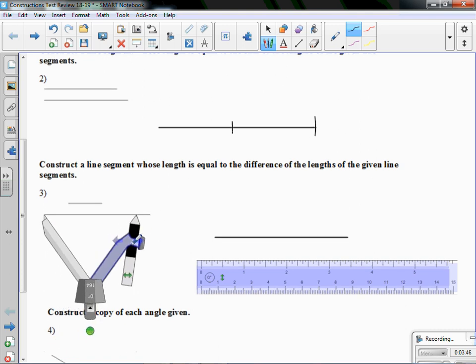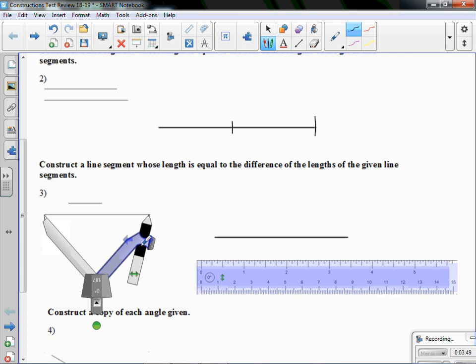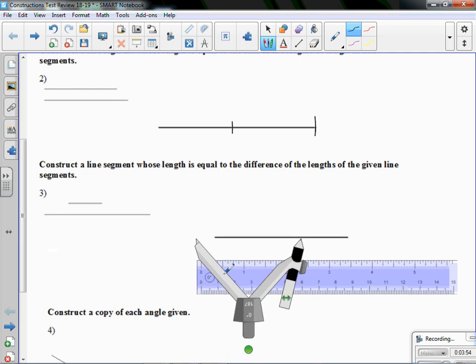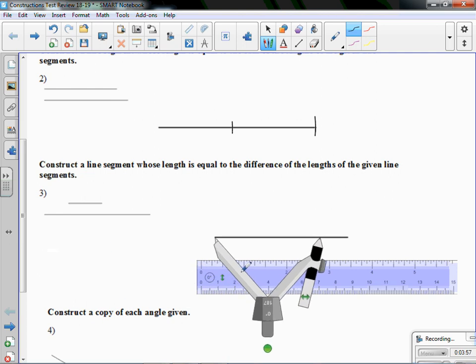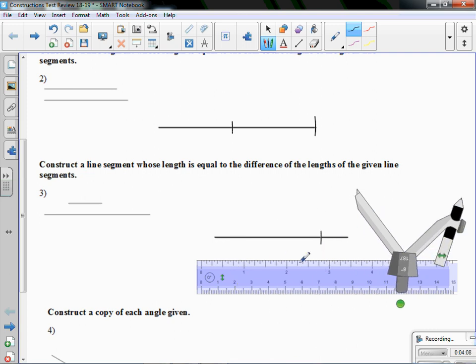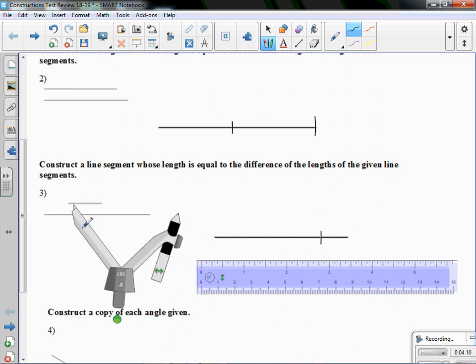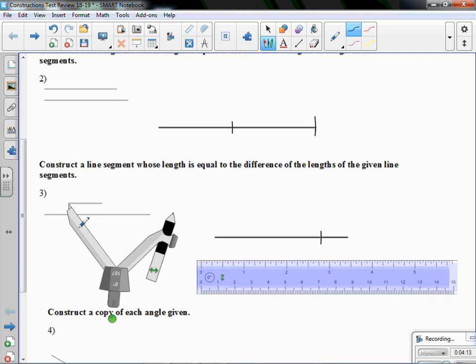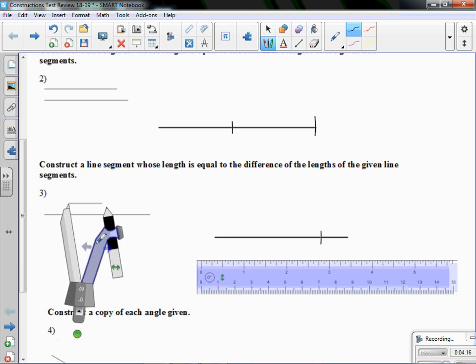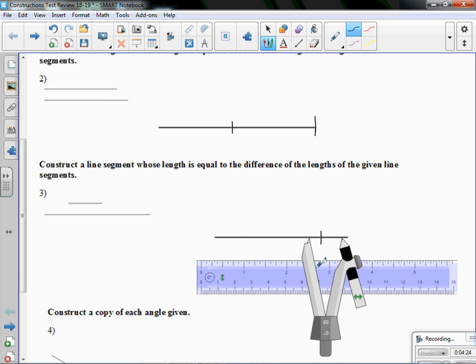And make sure on this test that you're using your compass and showing all your compass marks, or you won't get credit for the construction. So we're going to put our point here at the endpoint, mark off the length of that segment, and then we're going to measure the length of the short segment with our compass, and take that length.